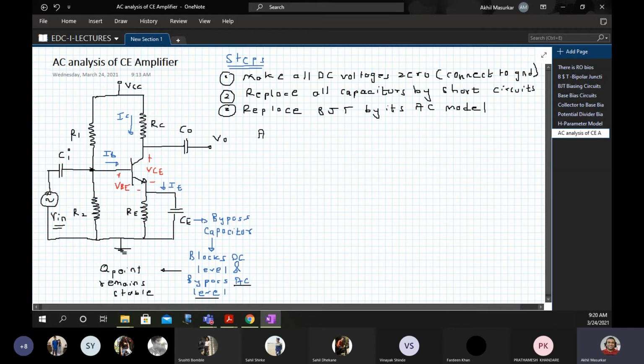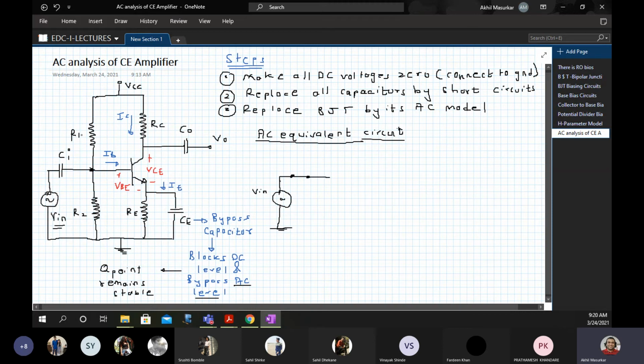Now I am drawing the AC equivalent circuit. I start with Vin. Then the capacitance is shorted, so I show it by a short circuit. VCC is grounded.